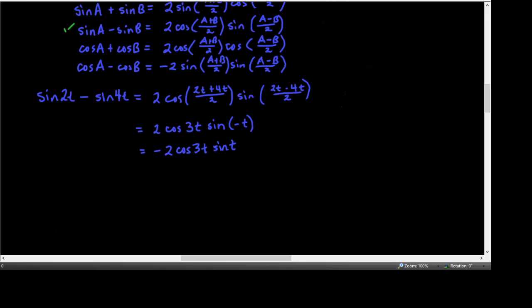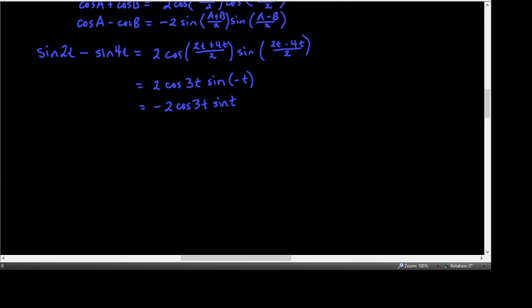So let's look at the three versions that we have for cosine of a double angle. Okay, cosine of 2x. One of those is 1 minus 2 sine squared x, right? So what I can do is add 2 sine squared x to both sides and subtract cosine of 2x from both sides.